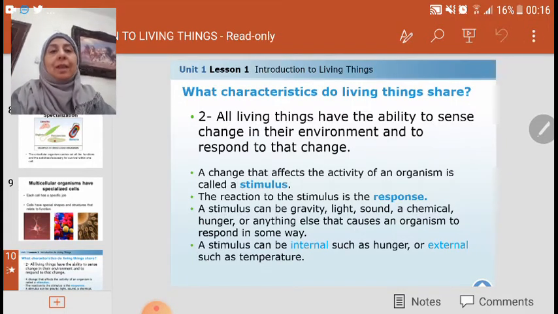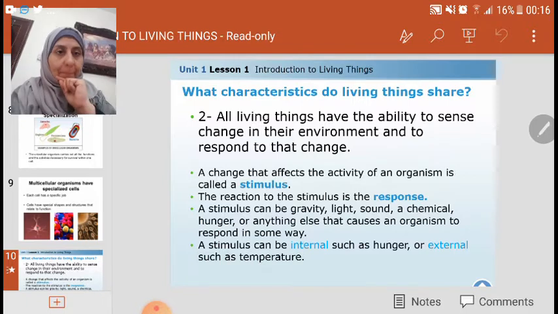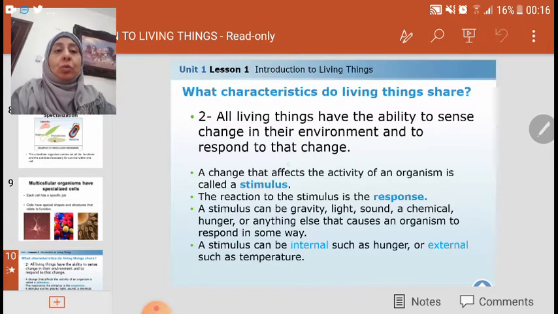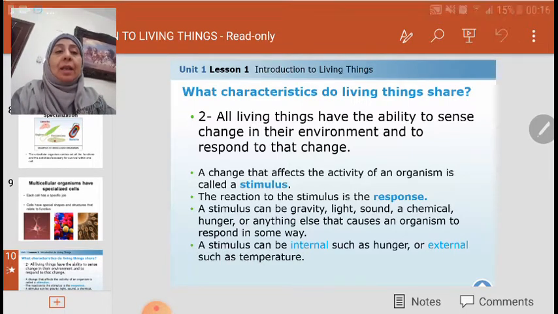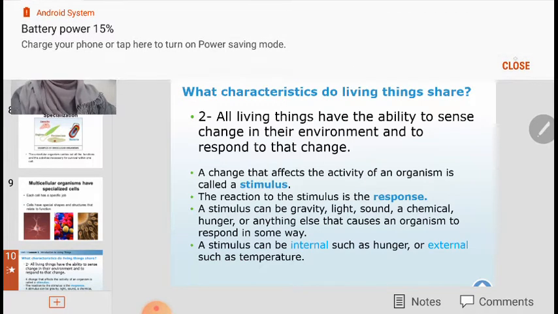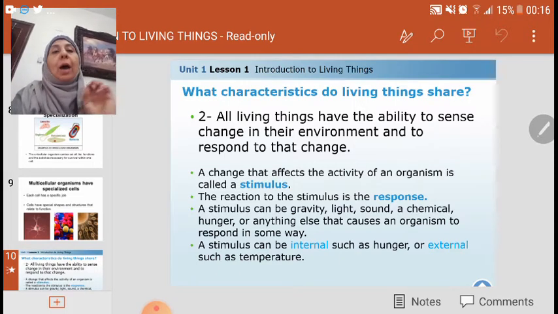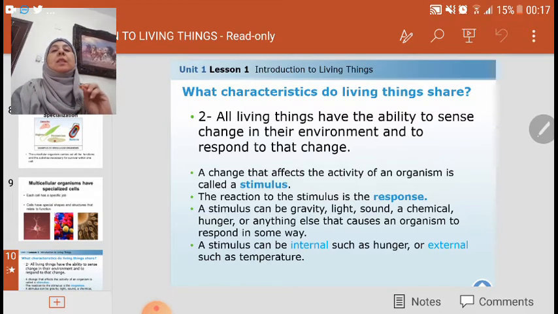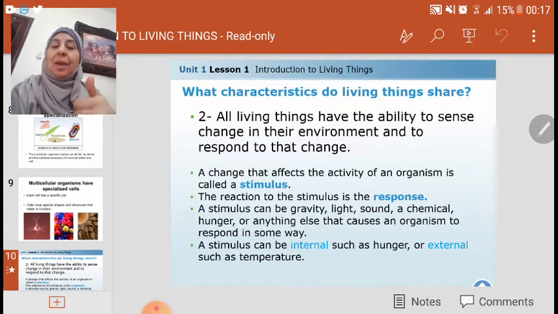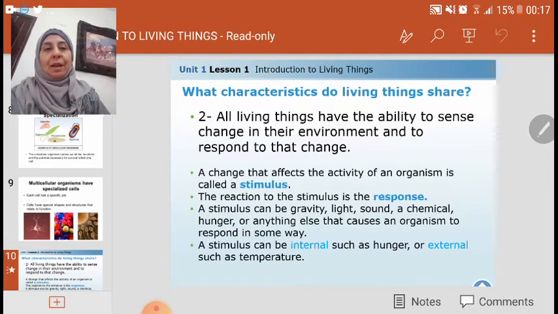The plural is stimuli. The reaction to this stimulus is the response. How you interact with any change means you respond to this change. Respond is the verb, response is the noun.